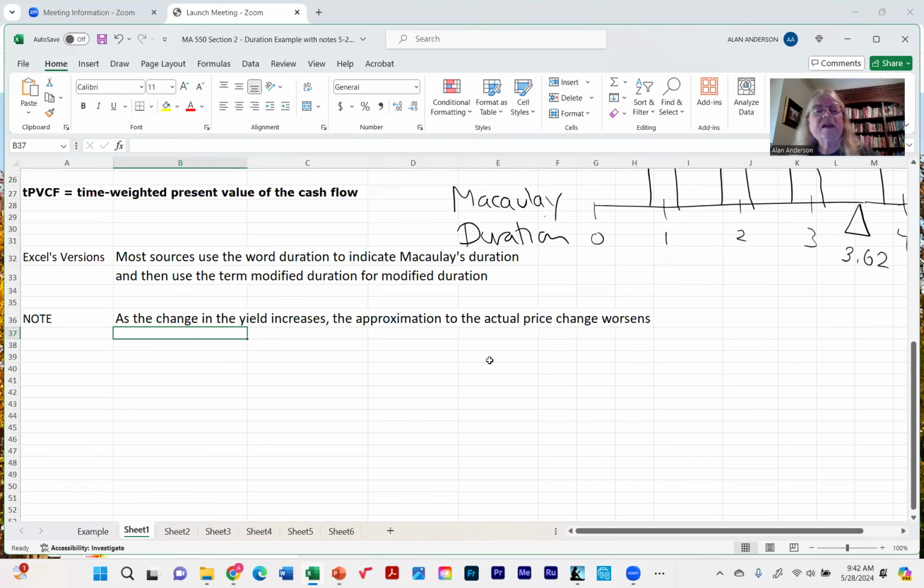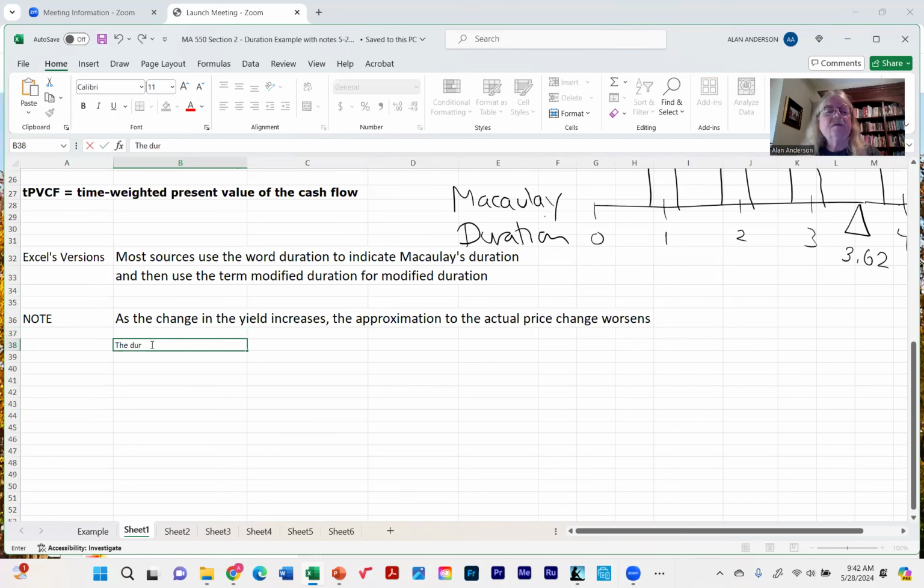Now, let me show you why this would be happening. Basically, in a nutshell, the modified duration, because it's the slope divided by a constant, is therefore a linear measure of the sensitivity of a non-linear function.